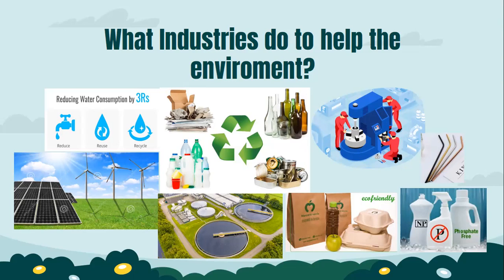And use renewable energy such as solar or wind power. And one way to control water pollution is to make water treatments, and the most important thing is to make products eco-friendly.